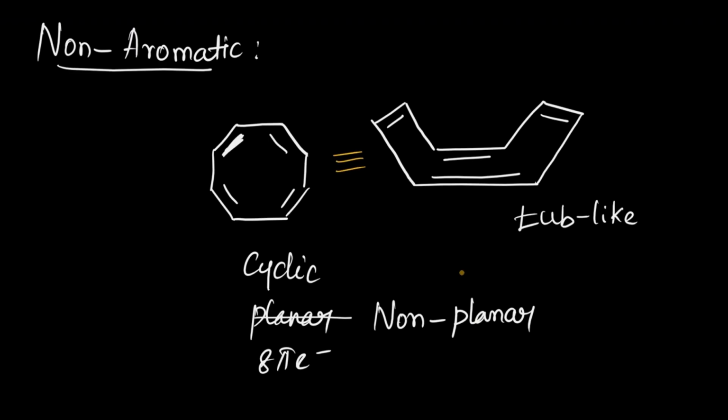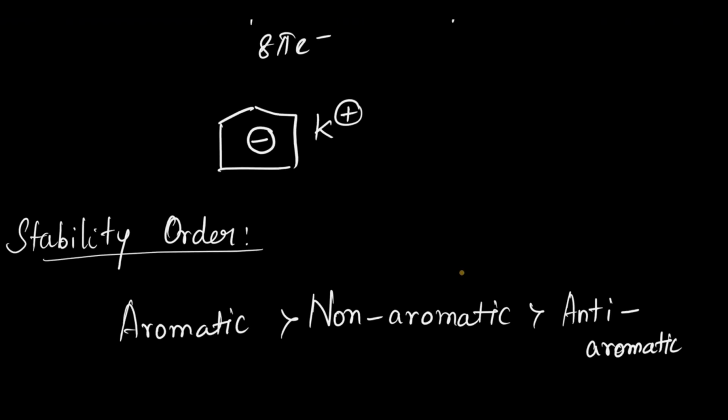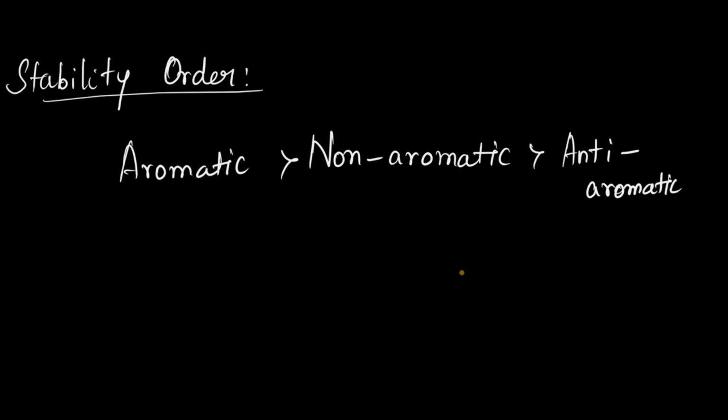You have to know it is going to take up the tub structure, then only you can answer this type of question. That's why I'm always saying check out the worksheet attached below to get to know more about the compounds. So if I want to arrange the stability order of aromatic, non-aromatic and anti-aromatic, aromatic is the most stable, then non-aromatic, then anti-aromatic.